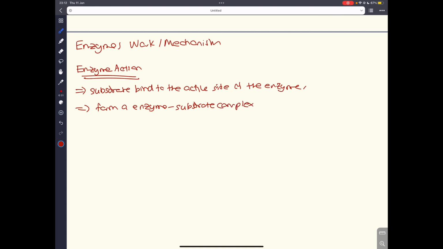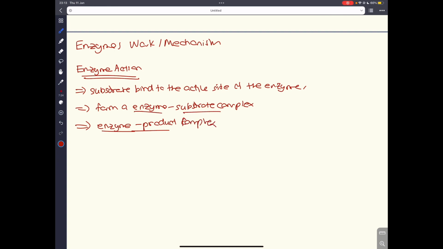Now this basically means that the enzyme is holding the substrate molecules together by various bonds between the enzyme and substrates. And then the next stage is that the enzyme will form a product complex. The product forms, but it's still attached to the enzyme. Now this is called the enzyme product complex.